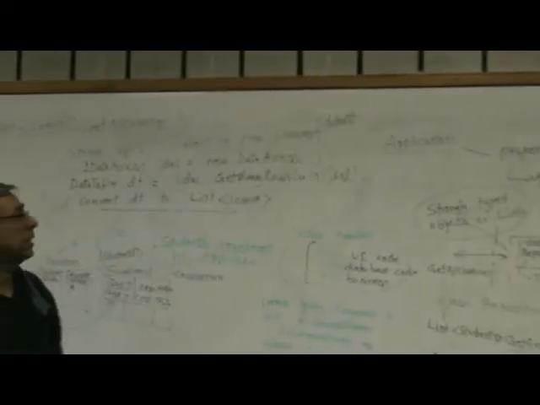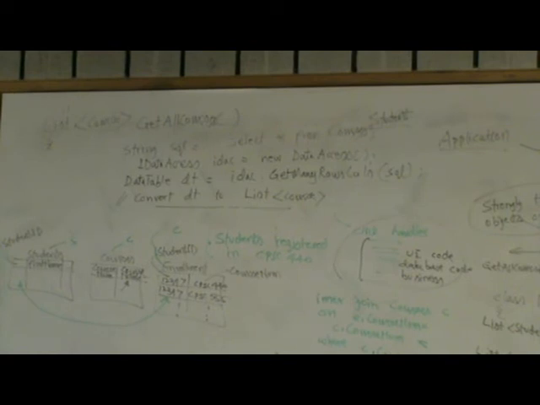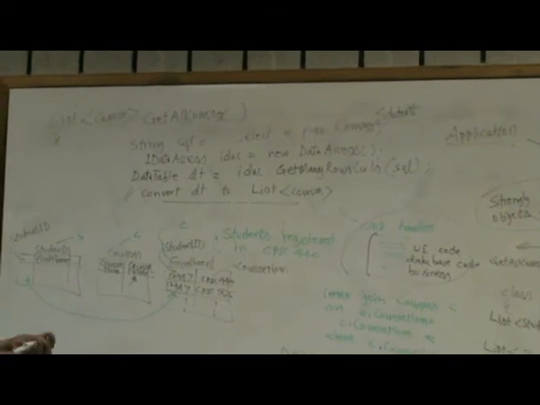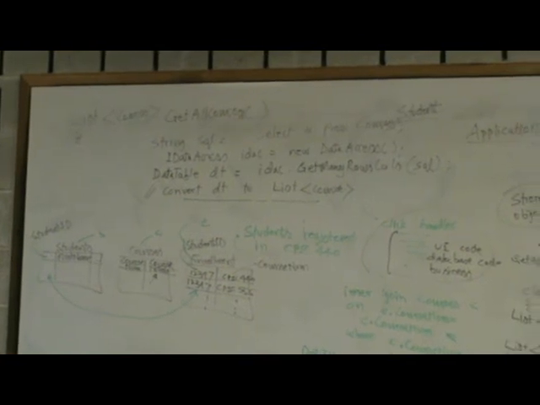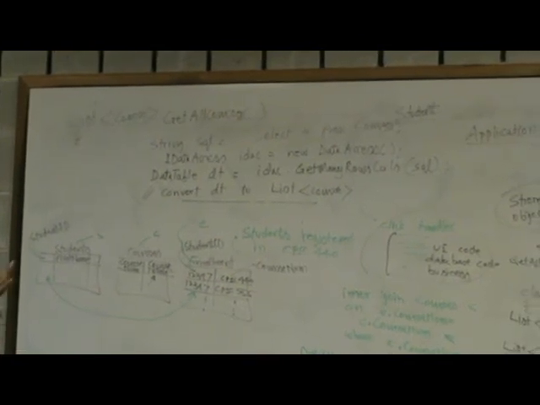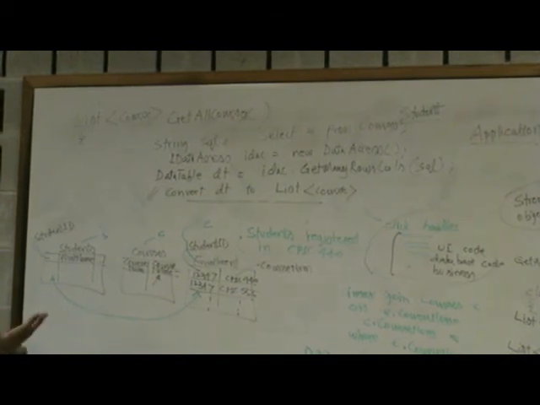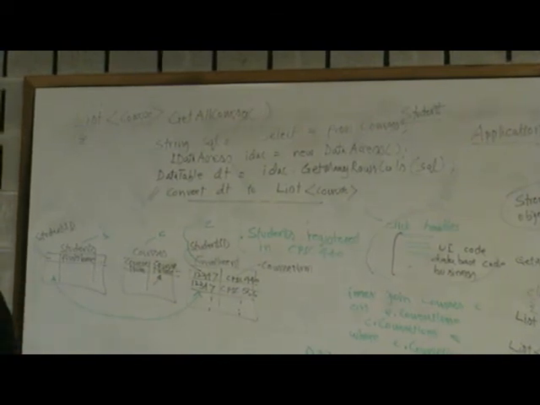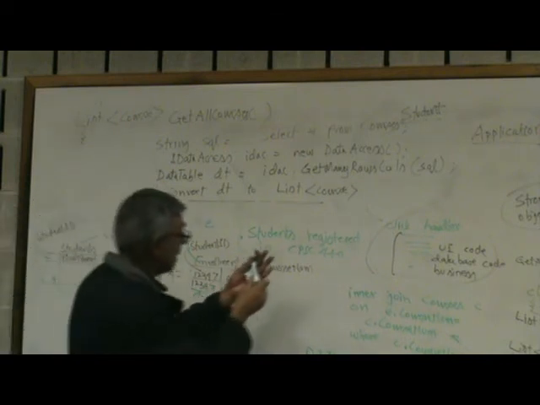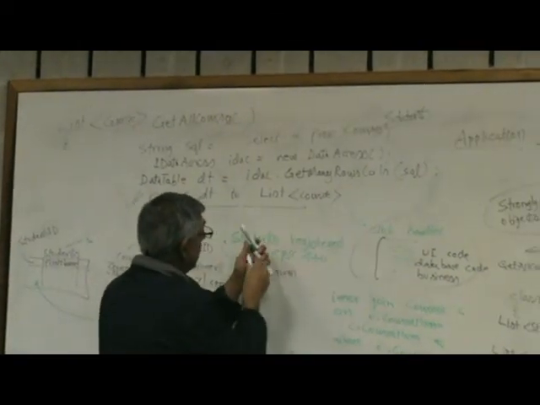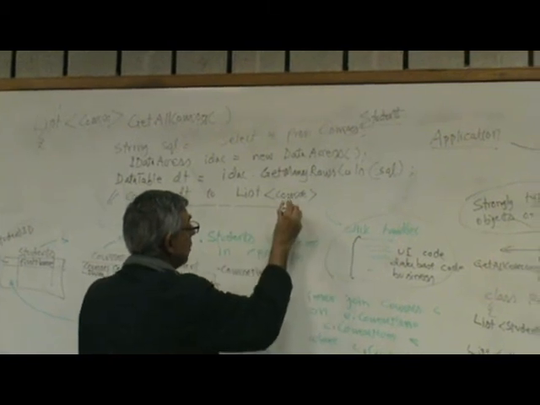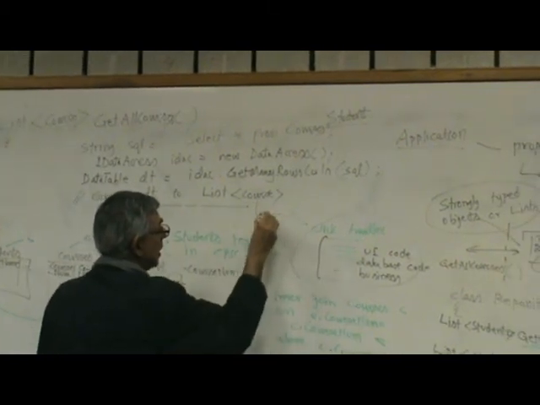And here we were converting it to list of course. Another case, we may be converting to list of faculty or professor or whatever, right? So as I had given you a hint, anytime you run into this type of situation where the type of the data keeps changing, start asking yourself, can I convert it to a generic? So if we were to convert it to a generic, what will we call it over here? List of T.